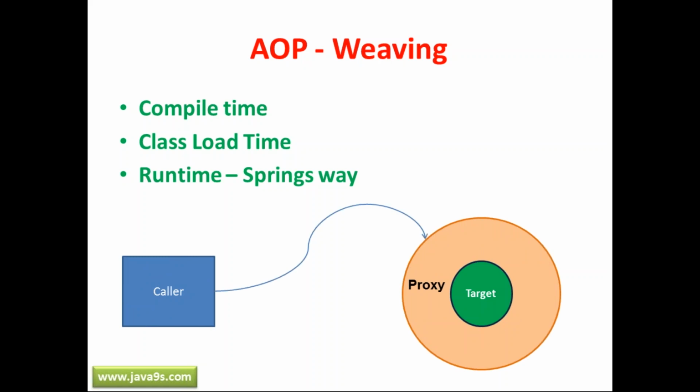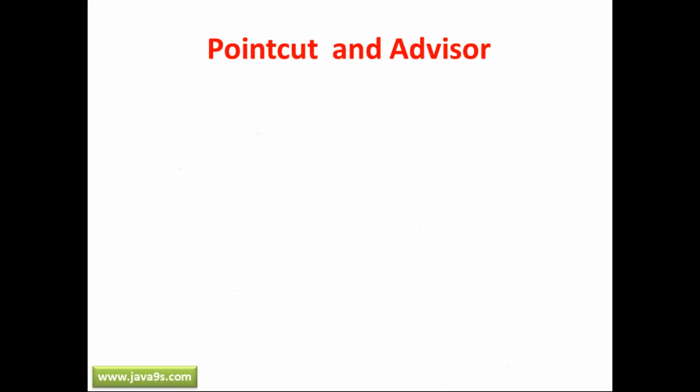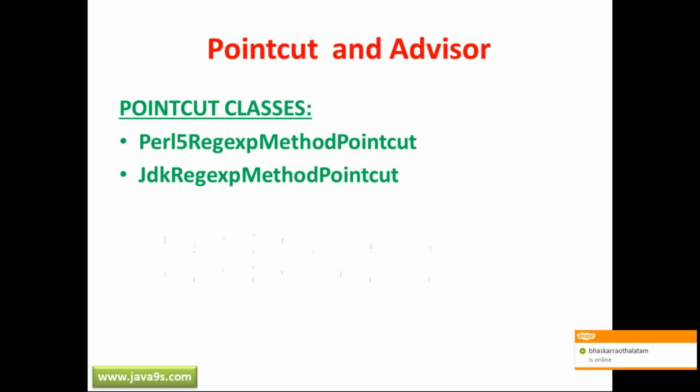The proxy will call, and from the proxy the call will actually go to your original target method or class. So that's how AOP weaving will be done, right? So hope you all remembered. Okay, so we will discuss now with that.